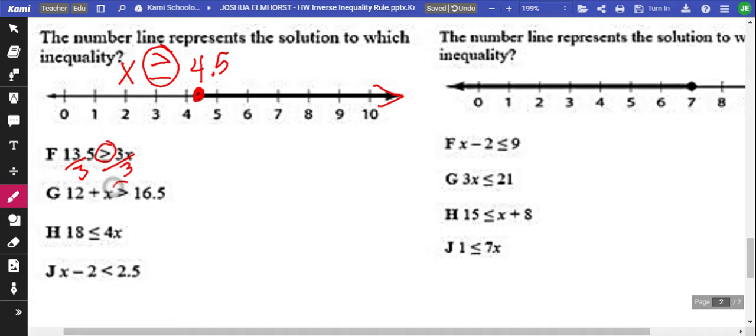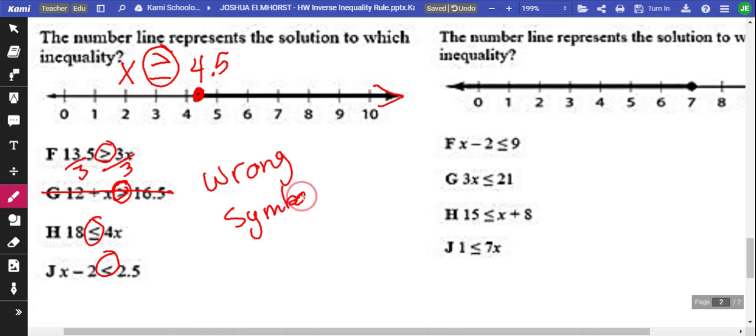Well, if you look at your answer choices, this one is wrong. It's the wrong symbol. And also J is wrong. It's a wrong symbol. So now we need to look and see. It's either times 3 or it's times 4. So we could do 4 times 4.5 and see which one is true.